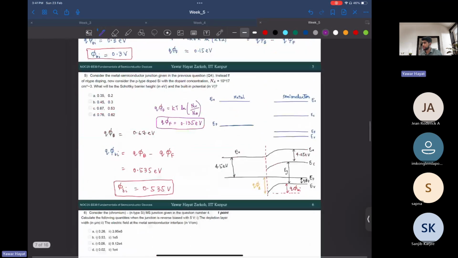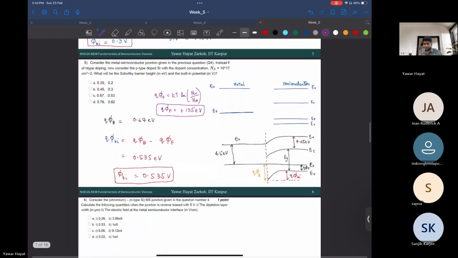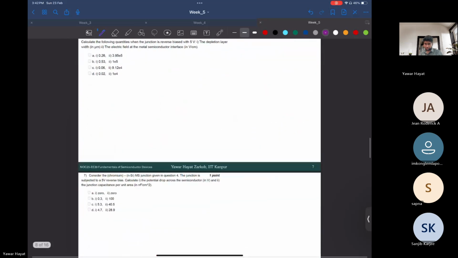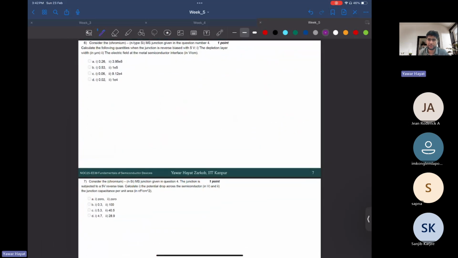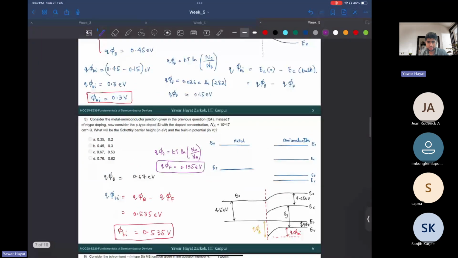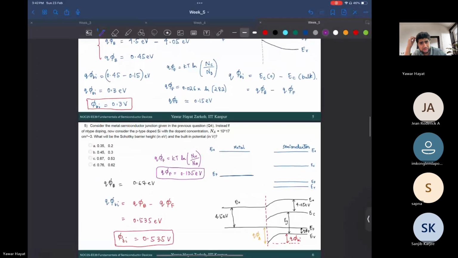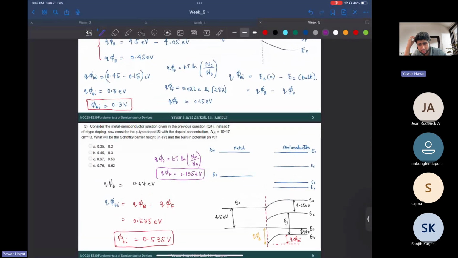I'll move ahead. What about the next problem then? Is this clear? Please answer yes, no. Does anyone have any question or query regarding this problem?